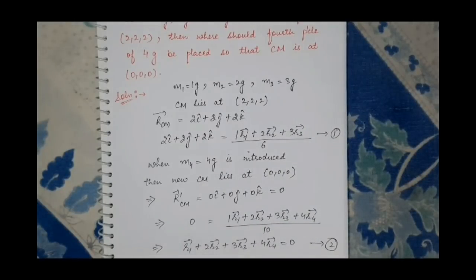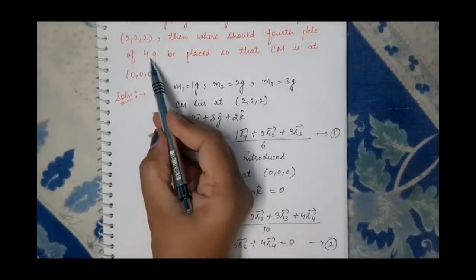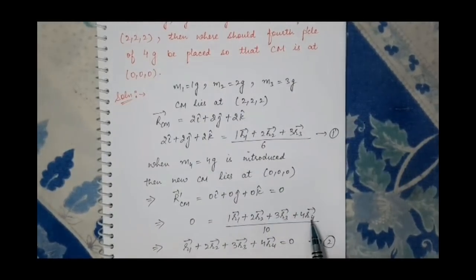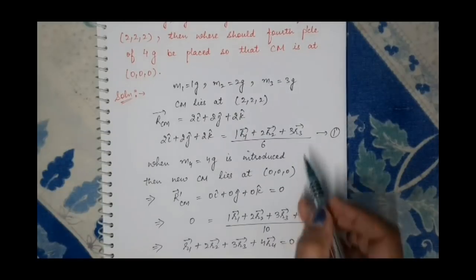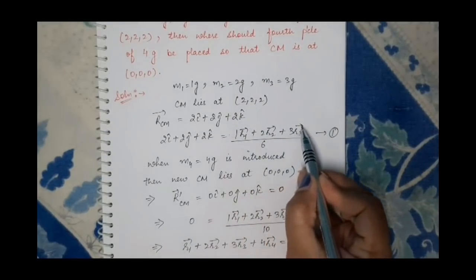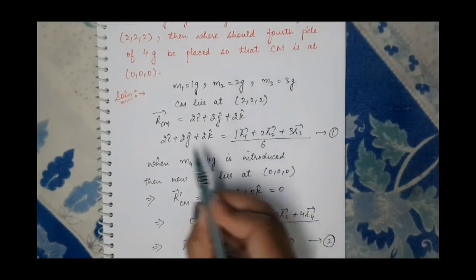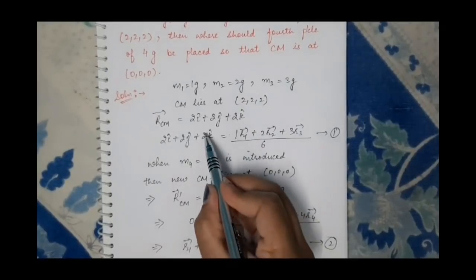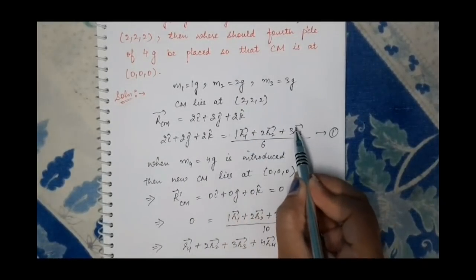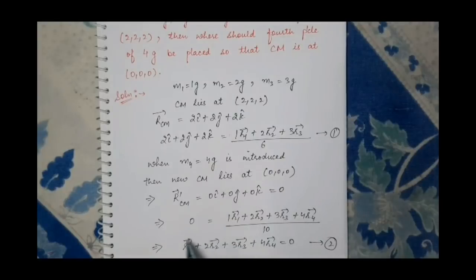What do we have to calculate? The position vector of this 4 gram mass, that is the R4 vector. How can it be calculated? From equation 1, what is the value of this quantity? It is 6 into 2, 6 into 2, 6 into 2. So put the value of this quantity from equation 1 into equation 2. So we get 6 into 2, 12 i cap plus 12 j cap plus 12 k cap.